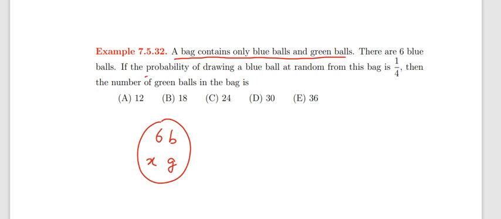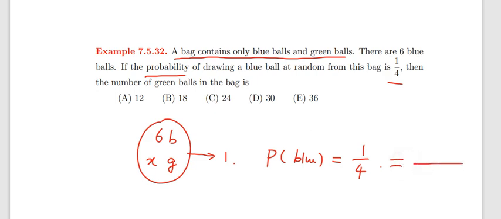So what is the probability? We know the probability is 1/4. We just pick 1 ball, and we get a blue one, with probability 1/4. So how can we find this 1/4? It is calculated this way, right?